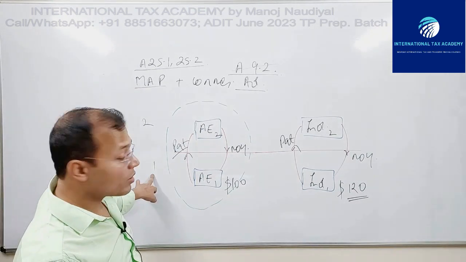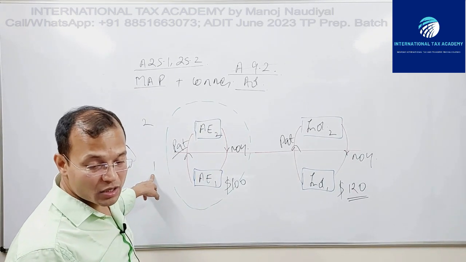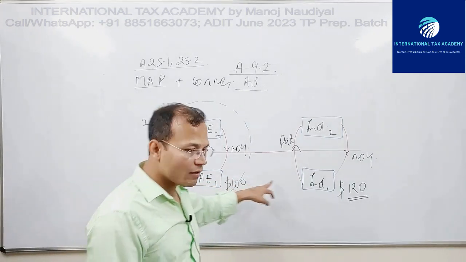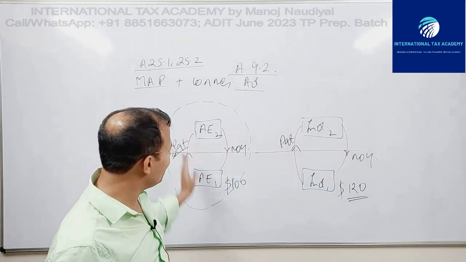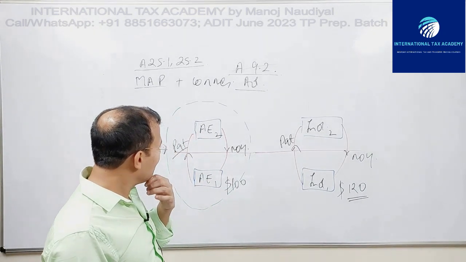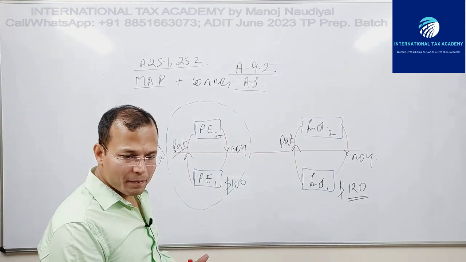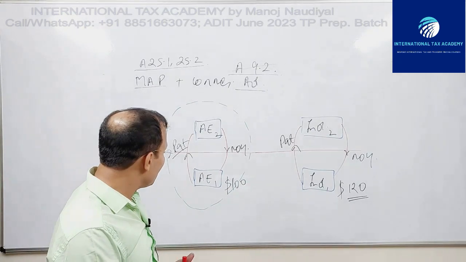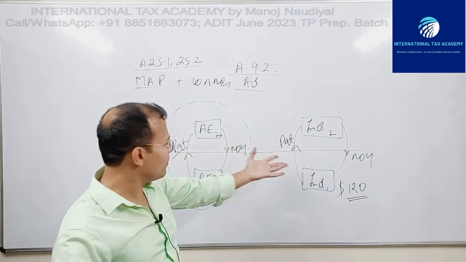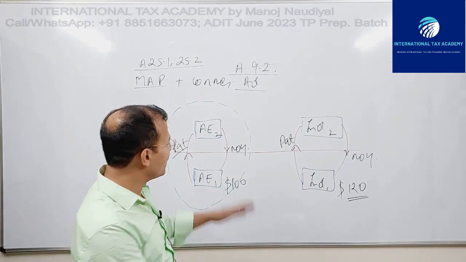Obviously, the tax authorities of jurisdiction 1 will examine this. They also have comparables with them. They find that this is only 100 and this is 120, and they undertake a comparability analysis and find that conditions are very similar.